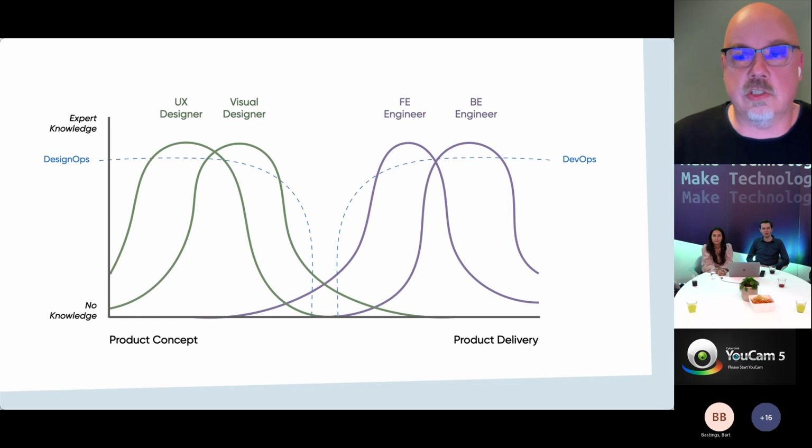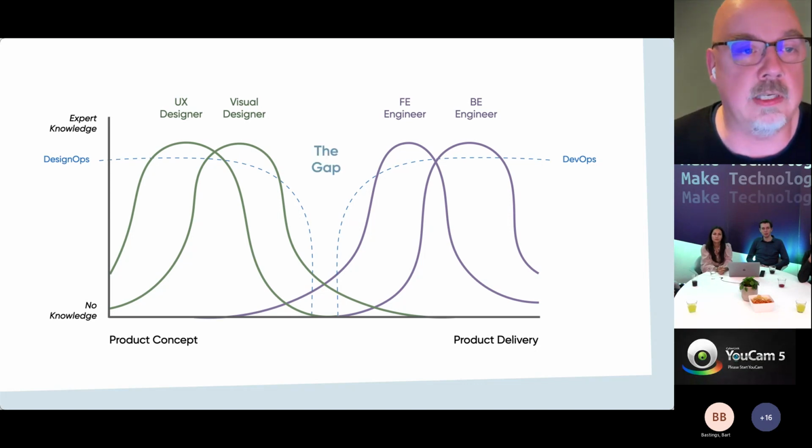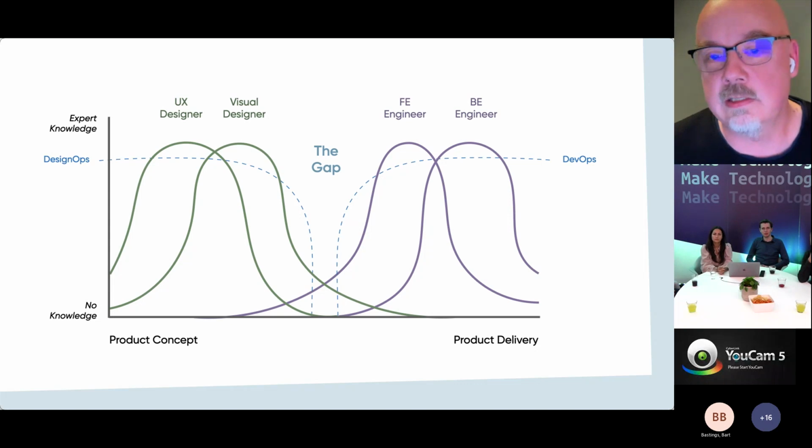And we see this mismatch almost siloed now. We're seeing companies deploy DevOps processes and design ops, and so these differences actually accentuate this gap. So we have these disciplines ending up siloed between design and engineering.